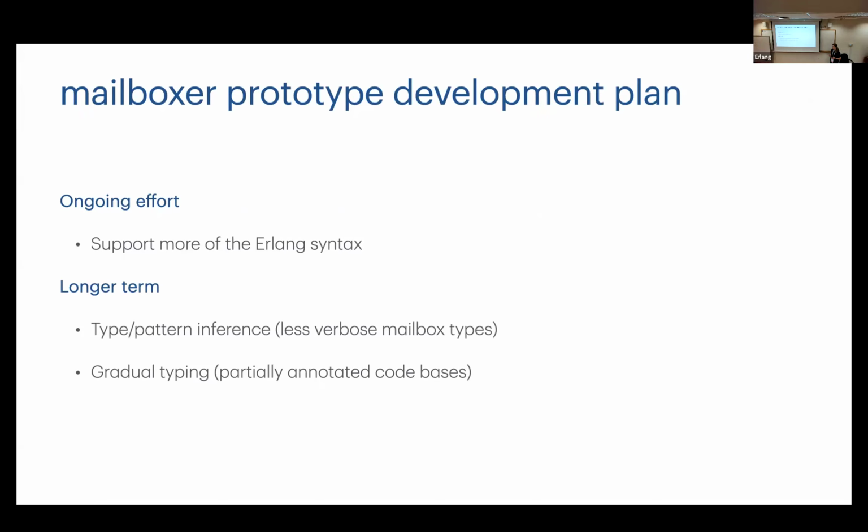For a longer or medium term plan, we plan on adding type and pattern inference to have less verbose mailbox types, especially in the case of multiple protocols. Also planning on adding gradual typing to allow it to work with partially annotated code bases. Obviously, a big goal is to have it working for OTP.